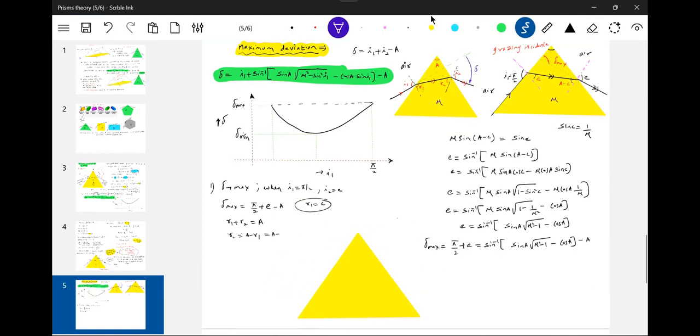If the incident ray, so after refraction, I should not show parallelism.